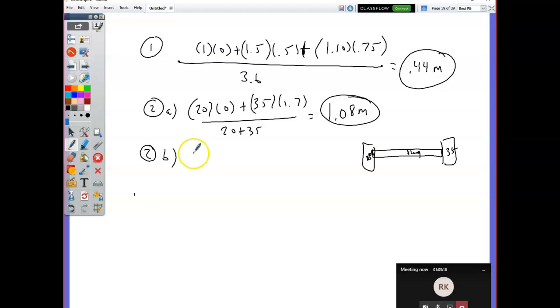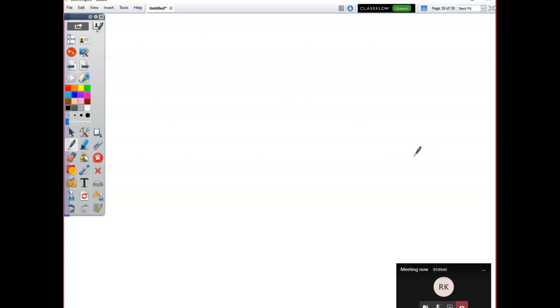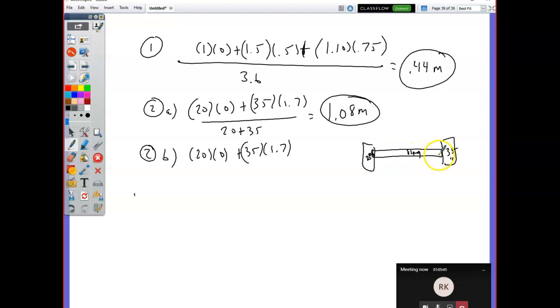Okay, so I know how to do the first one. It's 20 times 0. Then 35 times 1.7 away. How do I do the bar? You do the bar by simply saying, look, it has a center of mass somewhere along its length.